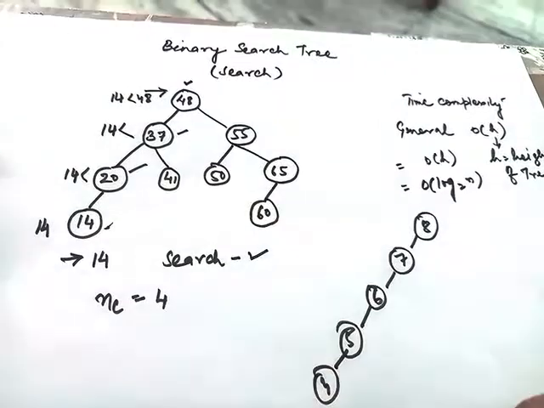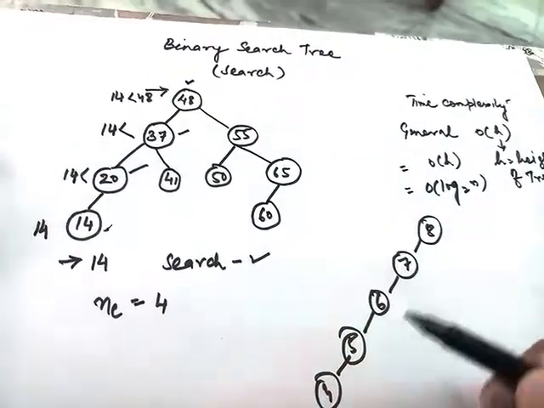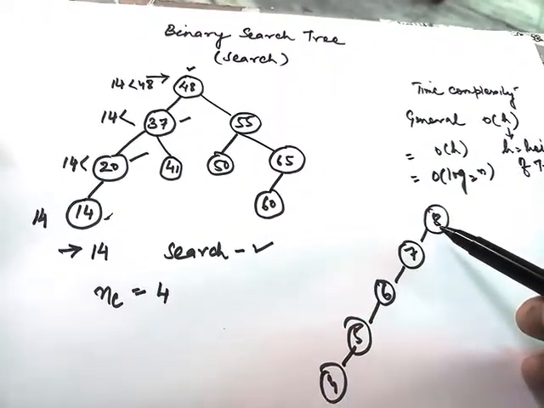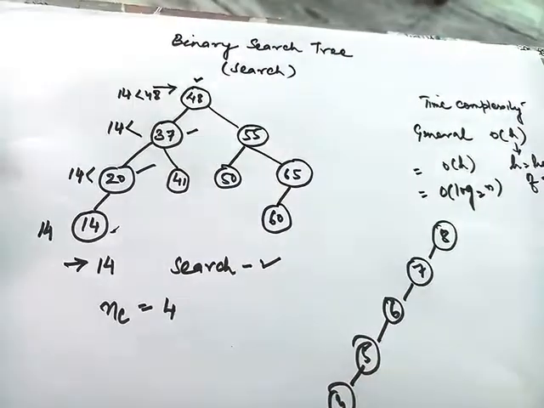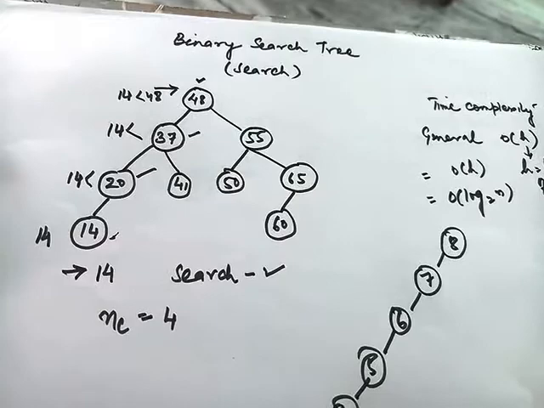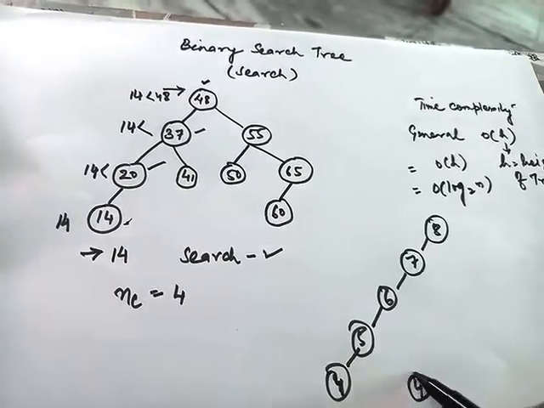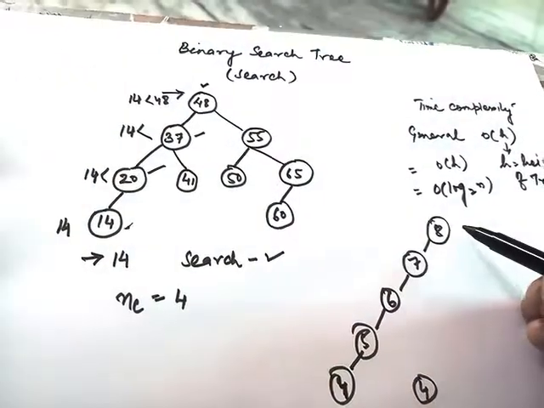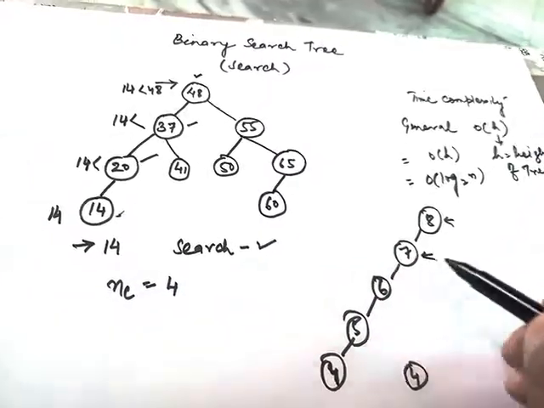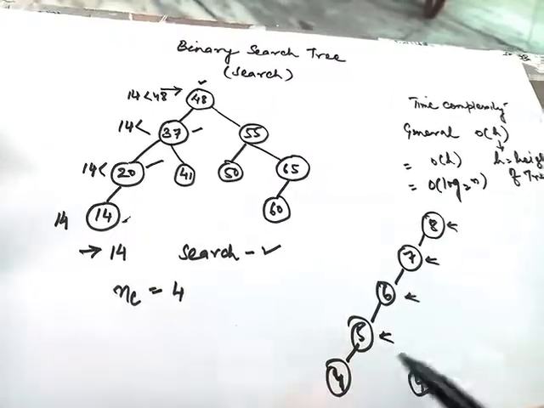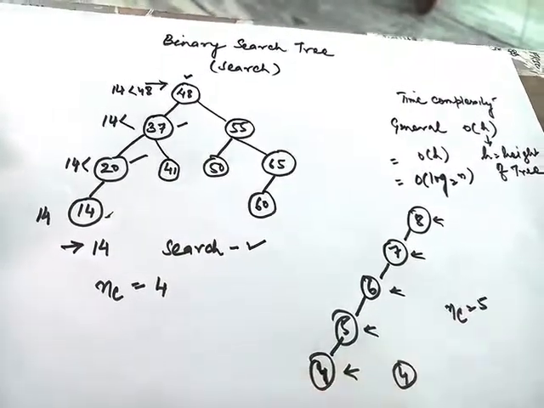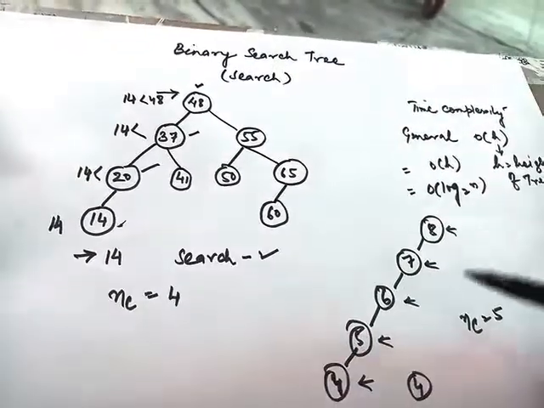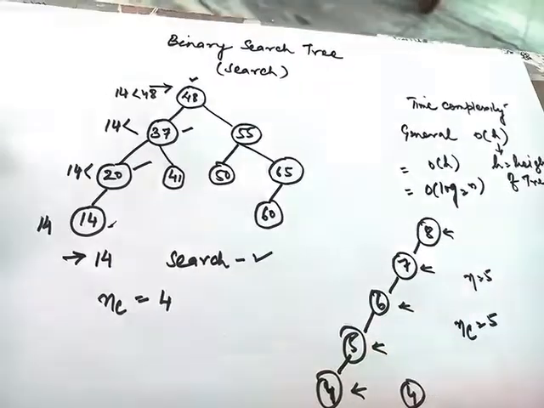Just assume that this is a tree, and it is also a BST because all the values less than 8 are on the left, all the values less than 7 are on the left. And if I have to search for 4, how many comparisons will there be? 1, 2, 3, 4 and 5. So the number of comparisons is 5. And how many elements are there? Again n is equal to 5.